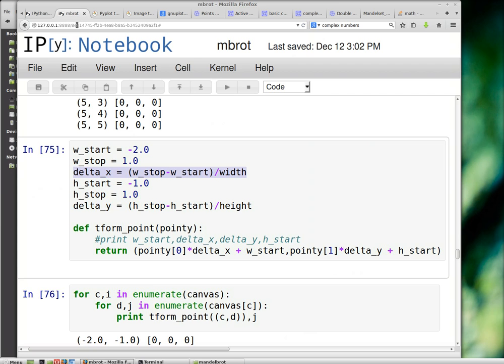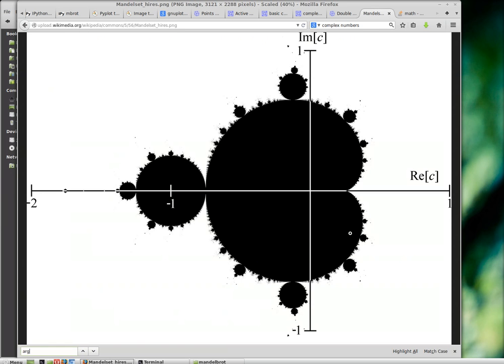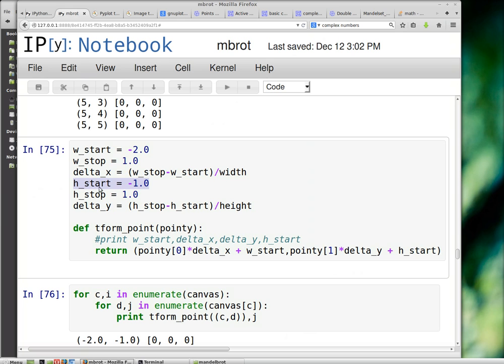And I'm doing the same thing vertically. So vertically you can see that this picture goes from -1 on the y-axis, or the imaginary axis, up to 1 on the imaginary axis, so that's why I pick those numbers. And now I want height many pixels, so I just take the total length and divide by the number of pixels, and then this will be sort of the jump that I can use to get from pixel to pixel.